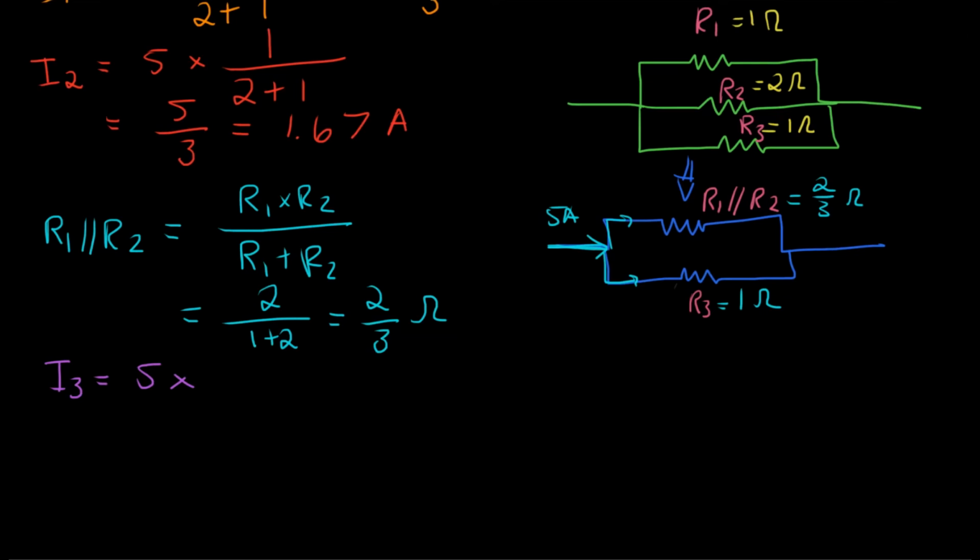So if I'm looking for the current going through R3, I look at the resistance of the opposite branch, which in this case is 2 on 3, over the addition of the two, which is 1 plus 2 on 3, like so. And this is equal to 2 amps.